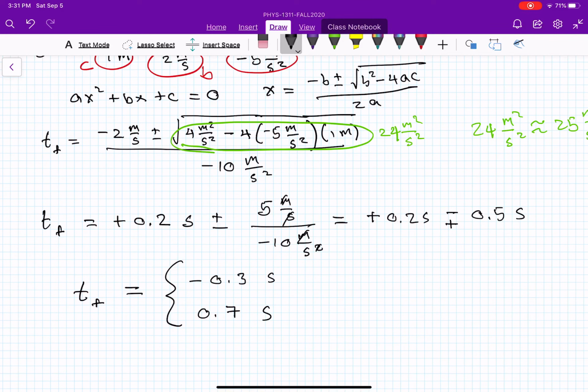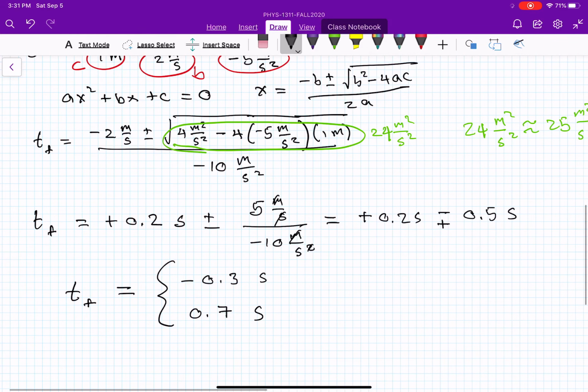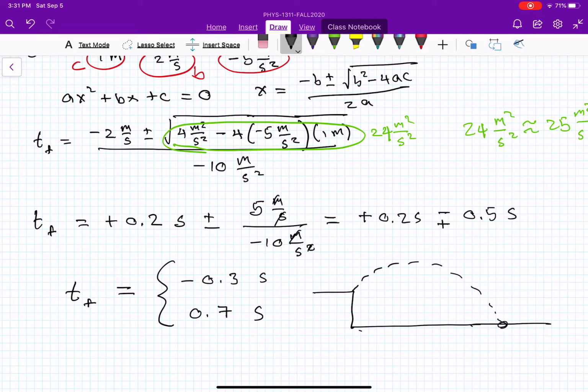Well, I get 2 numbers because I'm solving for the time at which my projectile has a position of y equals 0. But there are 2 possible times that this parabola intersects the x-axis, at y equals 0. One of them is the physical time that I want.